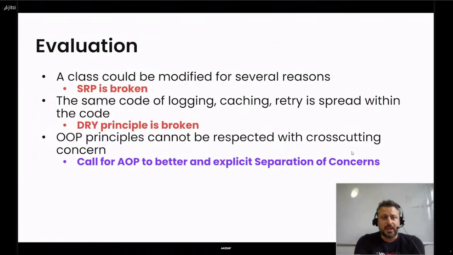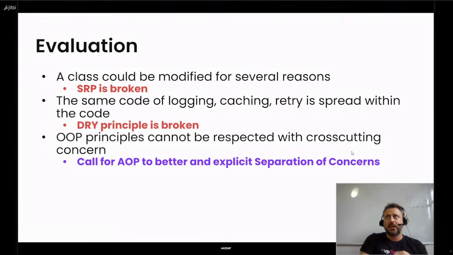So let us evaluate object-oriented programming here. We have seen this question: a class could be modified. In our example, this class could be modified for several reasons. If I have to change the logger, I will go to the cart service and change the code.